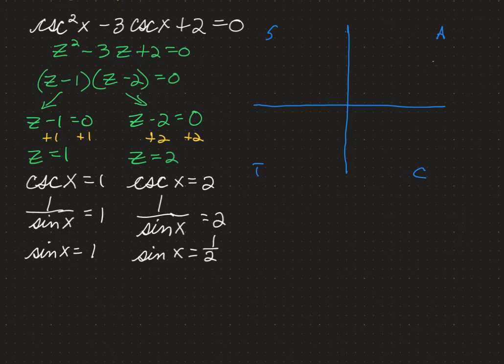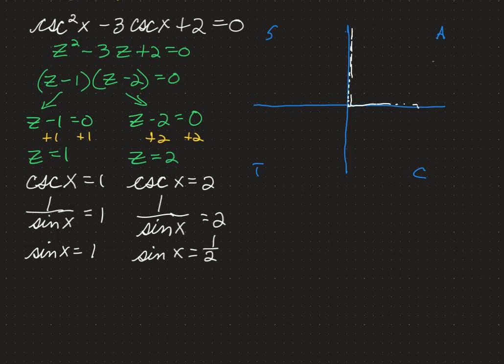But where does sine equal 1? If it's close to the x-axis, sine is close to 0, so the sine of 0 is 0. What about here? If it's at 90 degrees, is the sine of 90 degrees 1? Yes, it is.